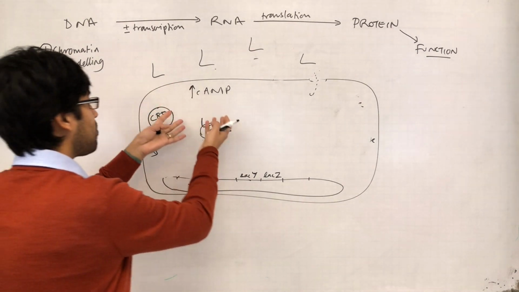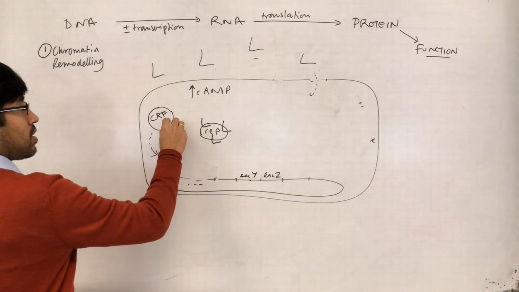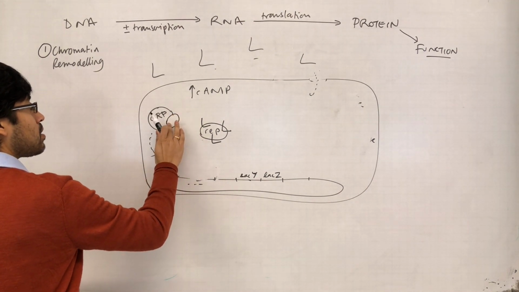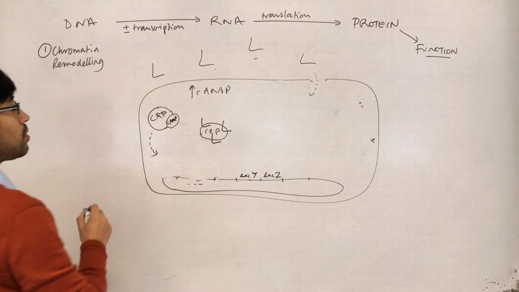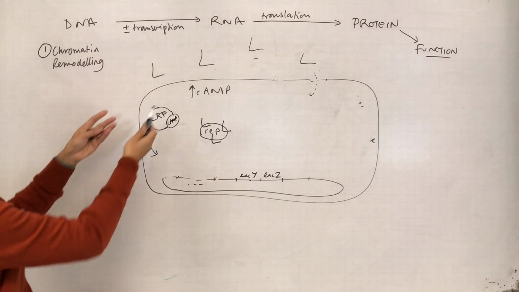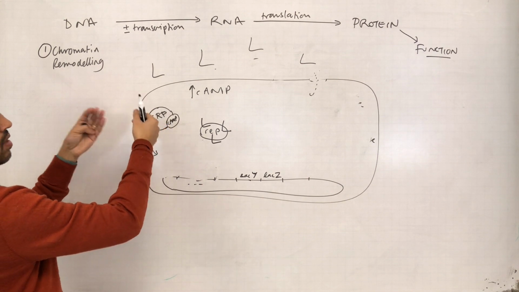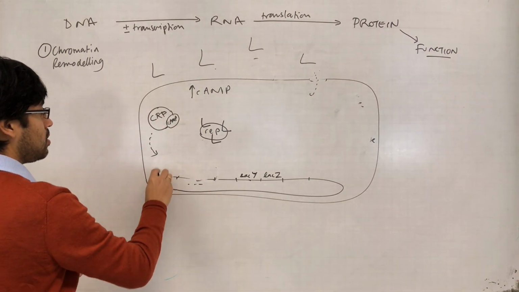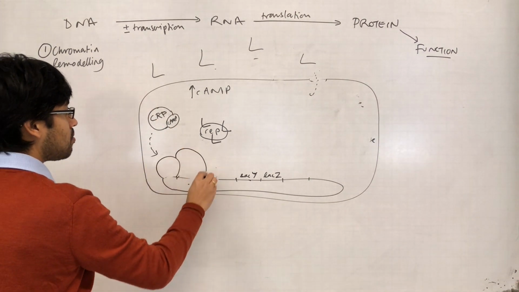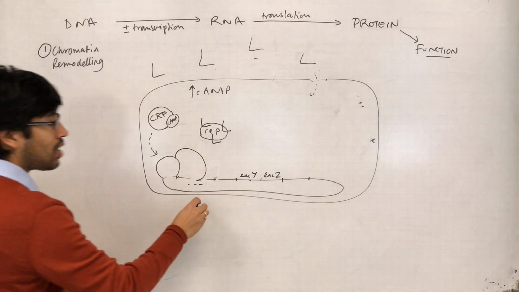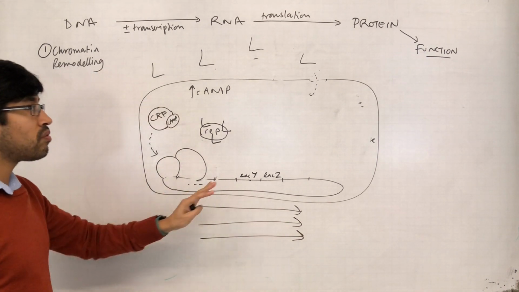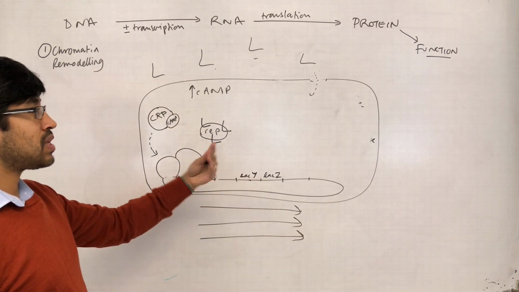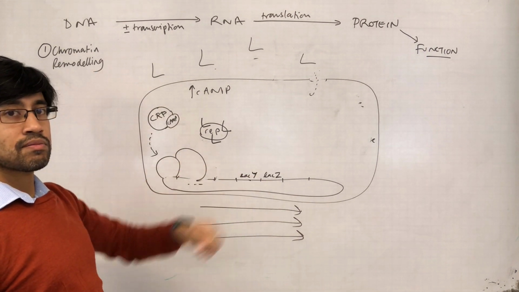When cyclic AMP levels go up, cyclic AMP is more likely to bind our cyclic AMP receptor protein. And when those two associate, the CRP can bind the DNA, it can recruit RNA polymerase, and we do get high levels of transcription of the lactose metabolism structural genes.